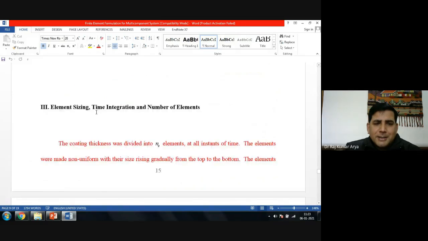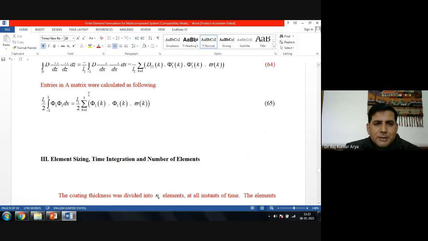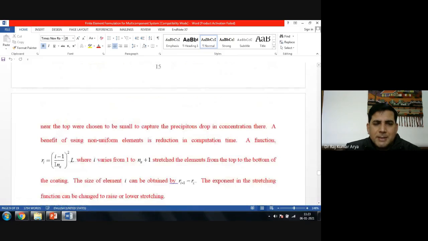Let me tell you one more thing here. This is just the element size, that is, how you can change the elements. This is the function which can be used to generate the elements within a given boundary.